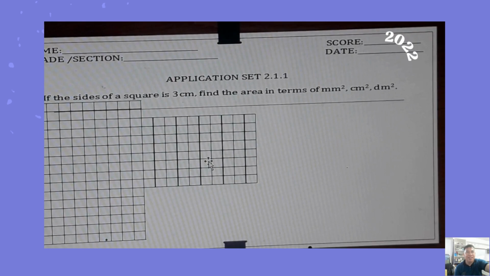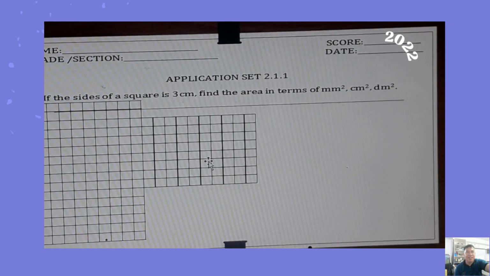Now, in number 1, if the side of a square is 3 centimeters, find the area in terms of millimeters squared, centimeters squared, and decimeters squared.